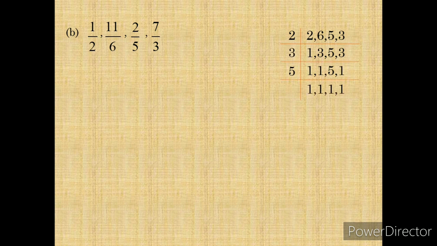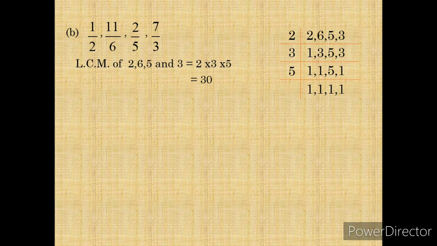So I will take the LCM of 2, 6, 5 and 3. You all know how to take out the LCM. So for the denominators 2, 6, 5 and 3, my LCM comes out to be 2 into 3 into 5, which gives me 30. So this is the completion of first step.